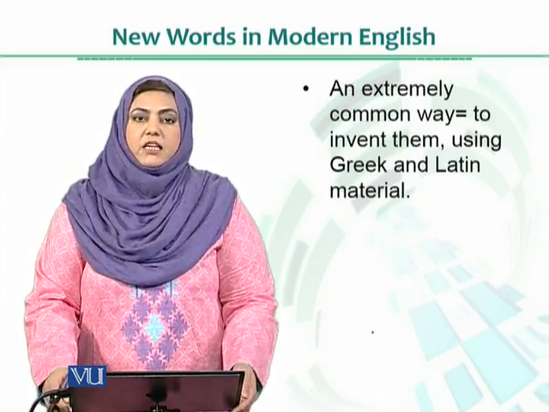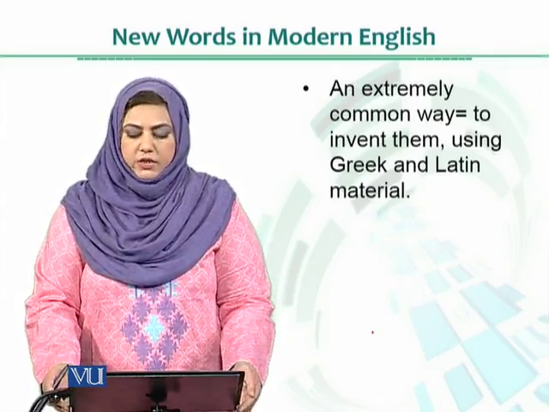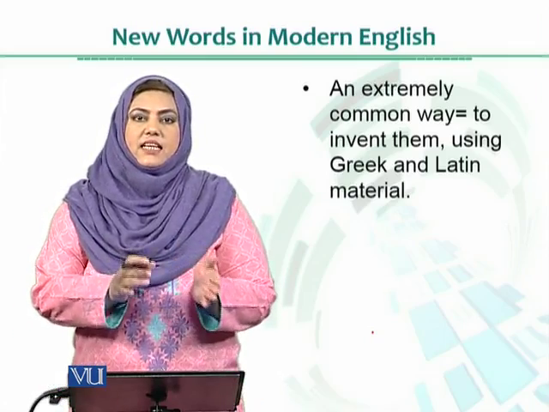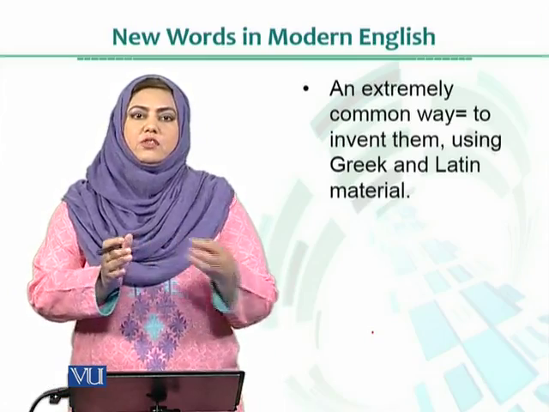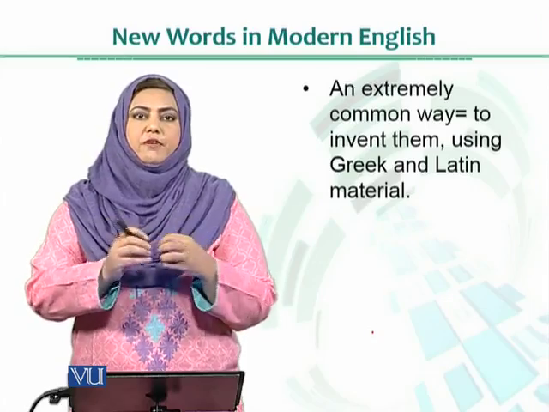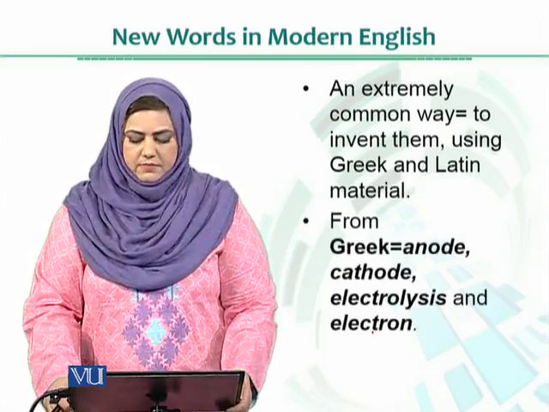An extremely common way, my dear students, of making new items of vocabulary or inventing words is by using the materials taken from Greek and Latin languages. Something would be taken from Greek or Latin, then it would be modified, given a different shape and form, and used.